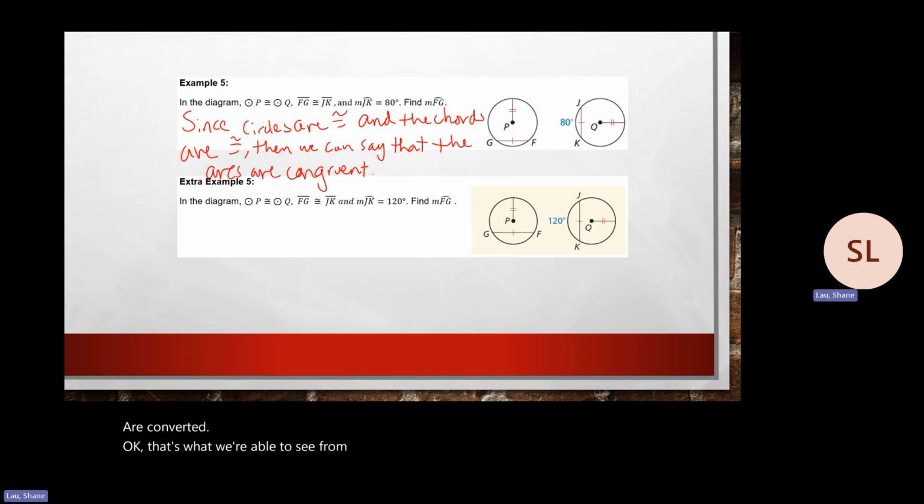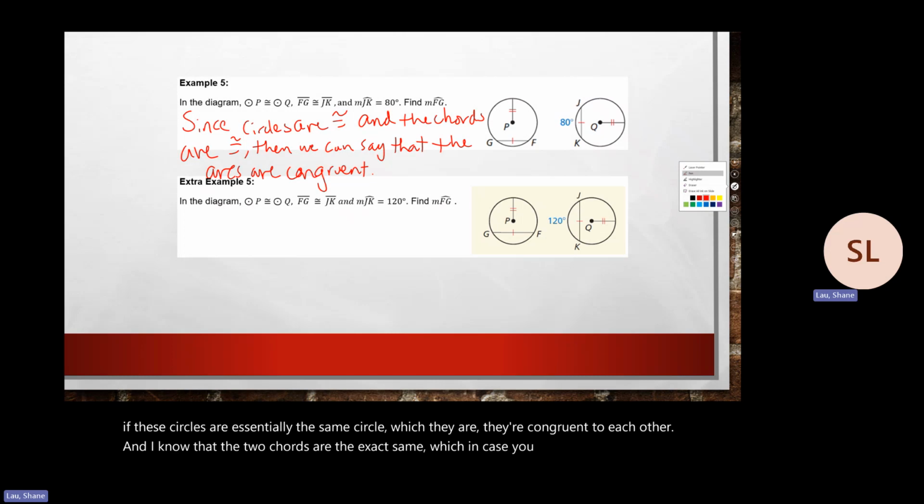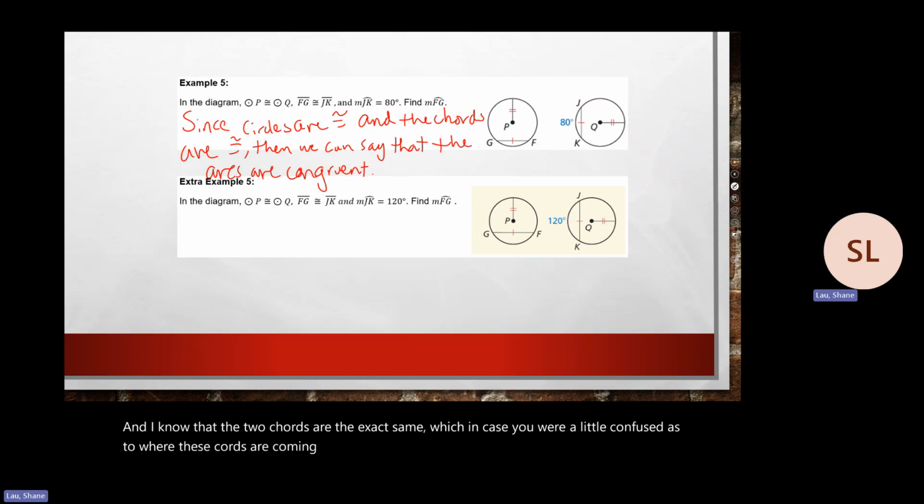We're basically blending 10.6, what we just learned, and 10.3 back in the previous lesson. What this allows us to say is that if these circles are essentially the same circle, which they are, they're congruent to each other, and I know that the two chords are the exact same, which in case you were confused as to where these chords are coming from, FG and JK are our chords right there.